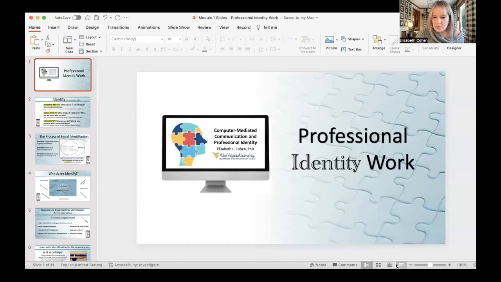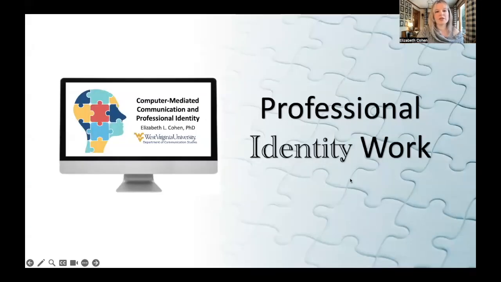So this first unit, if you remember, we've got these three units. In the first unit, we're not even going to be talking about the computer-mediated communication aspect of this class. We're going to be talking a lot about the identity part of this class. I labeled it professional identity work.